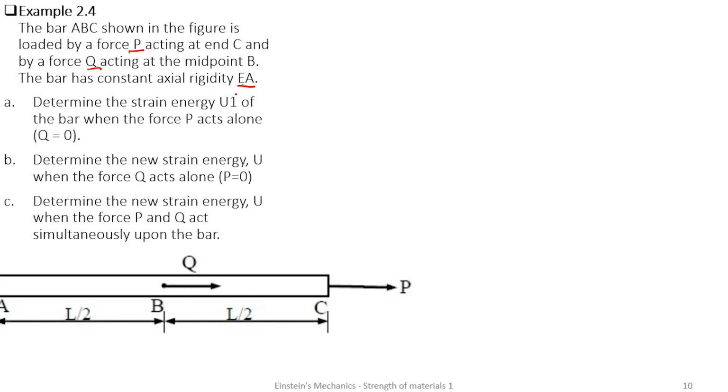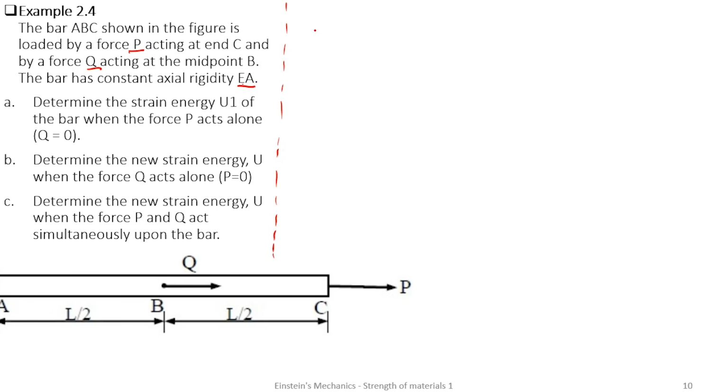We have the E also and the A. Now the question is asking us to determine the strain energy U1 of the bar when the force P acts alone. So we should assume that this bar is being acted on alone by the force P, where we are going to neglect the Q and find the strain energy, what is actually happening inside the bar.